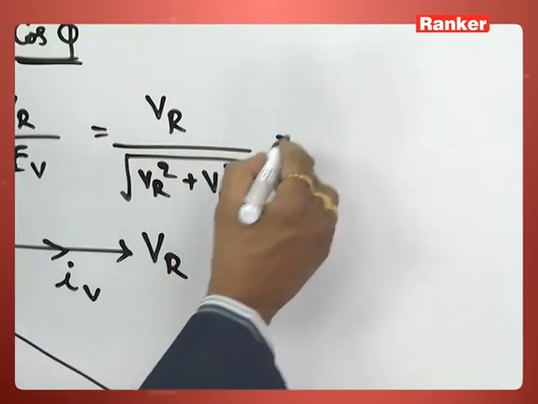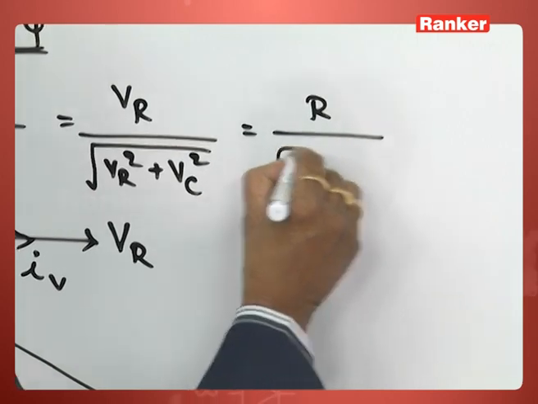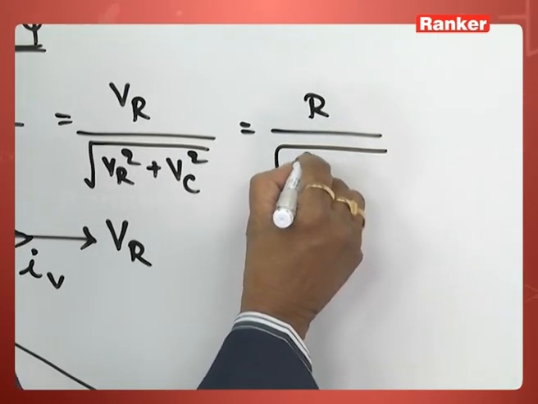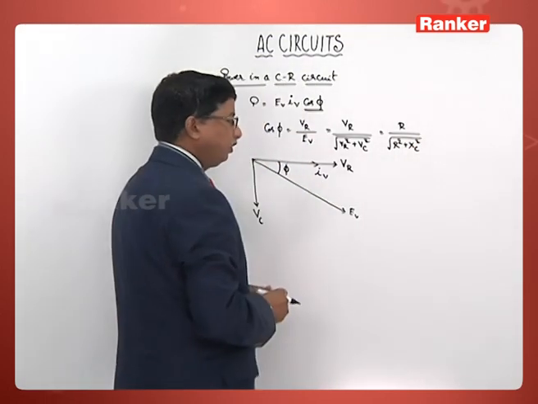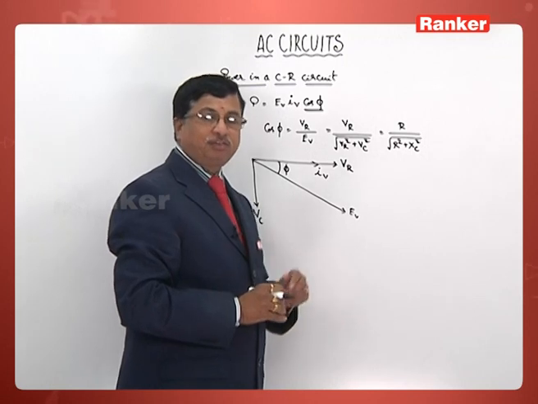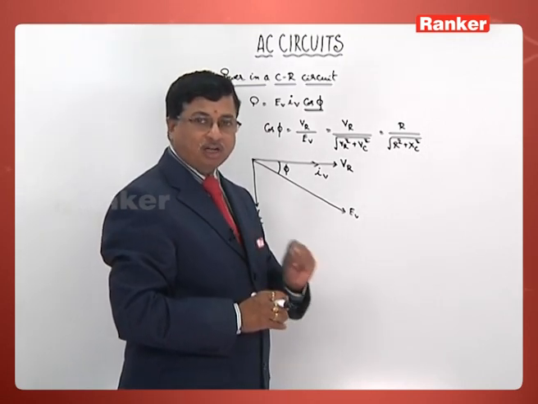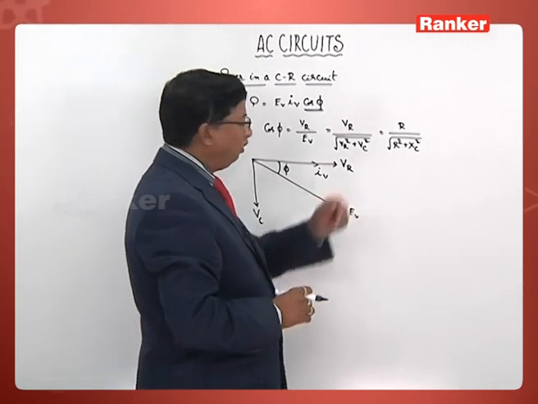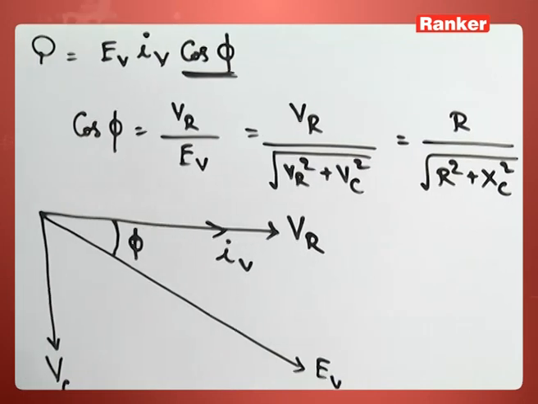The same equation can be repeated this way: R by root over R square plus XC square. In fact, we all understand that XC is the value of capacitive reactance. Its value is known to all of us: it is 1 by omega C.